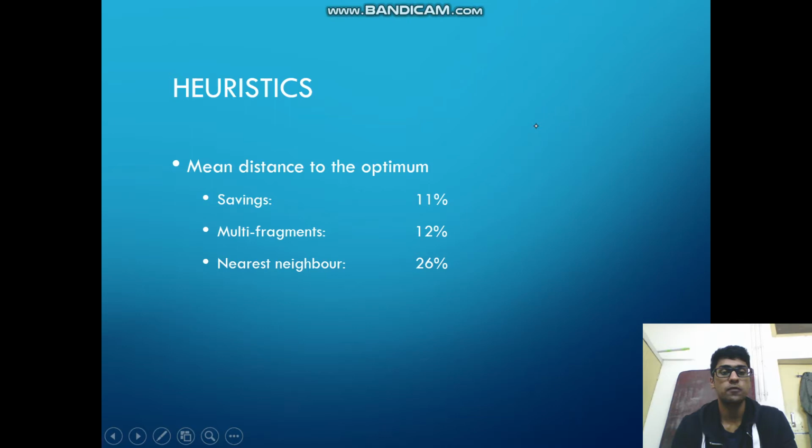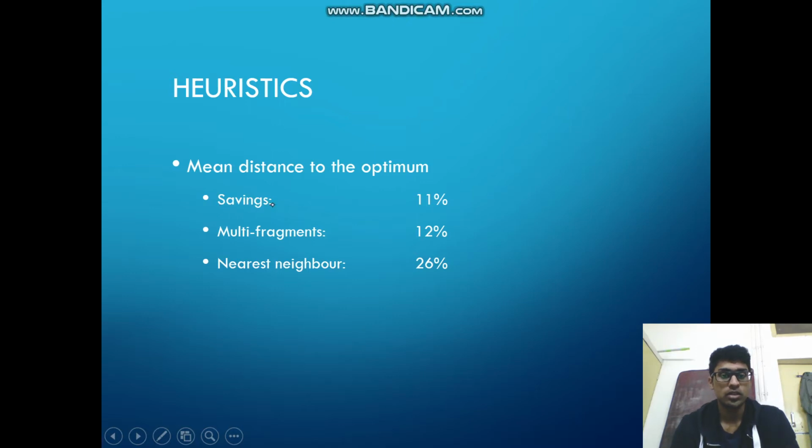So here we can see the performance of our heuristics. The performance here is given in terms of mean distance to the optimum. Let's say the optimum distance is some d, then how much more distance we are covering by our algorithm.